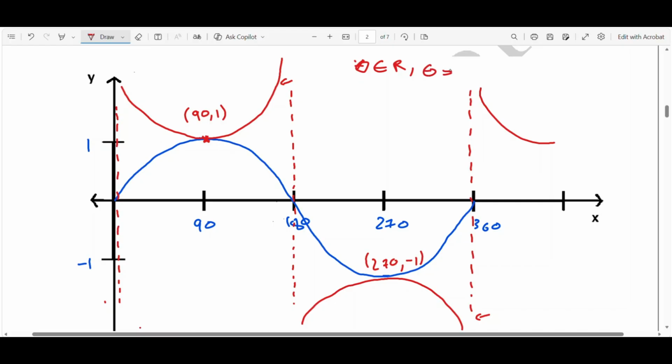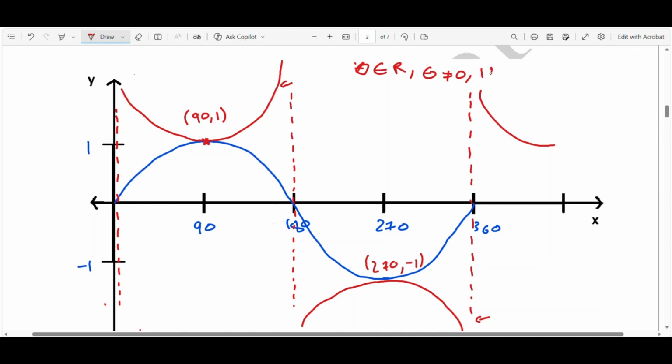Theta should not be 0, 180, 360, and so on, because I have asymptote lines at these points. This is for the domain.